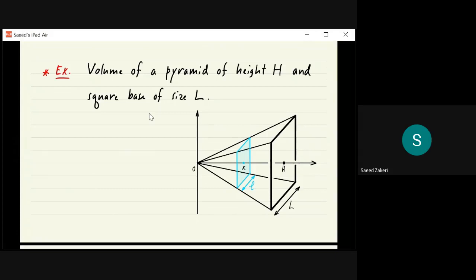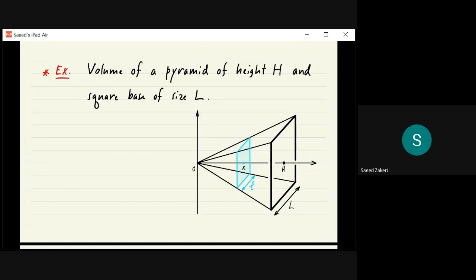So here I show you a typical slice right over the point x. I have to figure out A of x. Remember, if I know A of x, the area of the cross section made at x, if I know that as a function of x, then all I have to do is to integrate that from 0 to h, and that's going to be the volume.